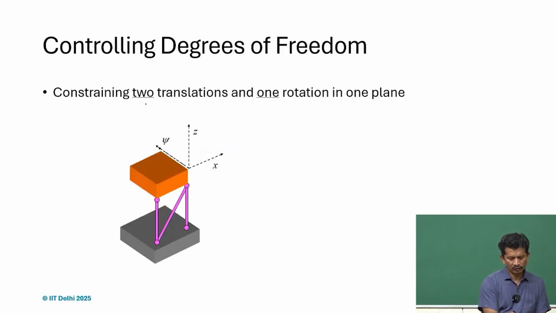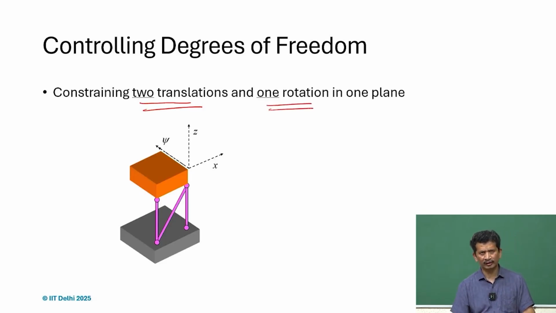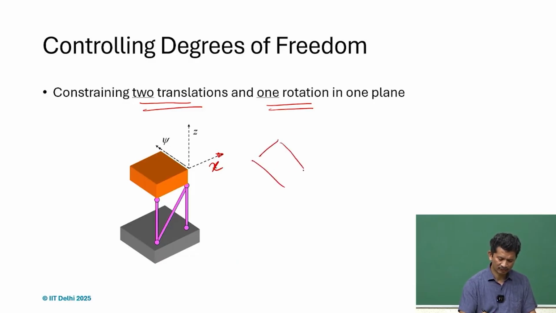So, what if we want to have 2 translations and 1 rotation in a plane, in one plane? So, in a way trying to get a planar constraint. And how to get it? So, of course, along the x direction we have this constraint. So, for x, what usually we can do is we can just think of this block.